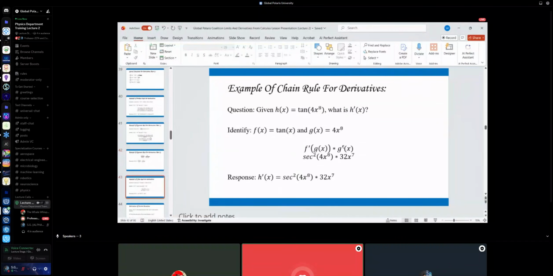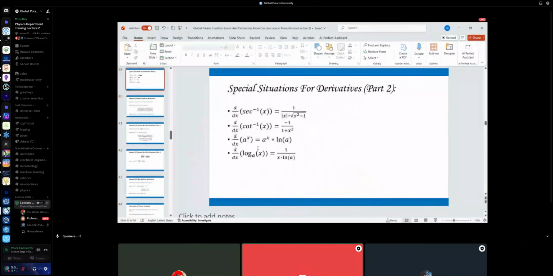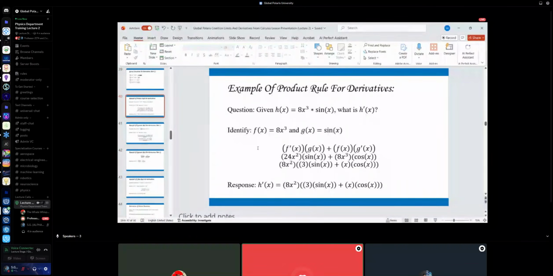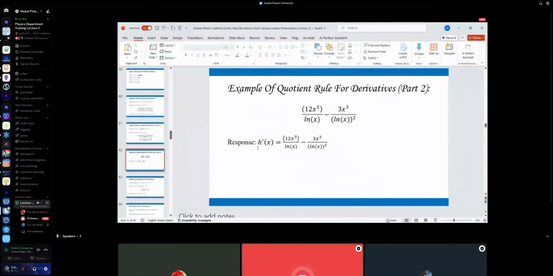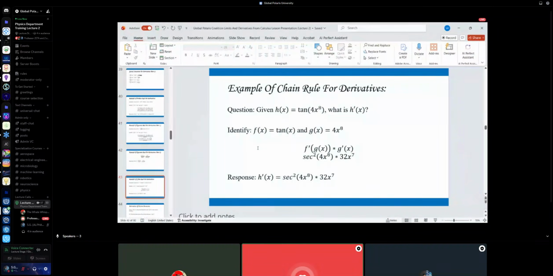Now, chain rule. Tangent of 4x to the power 8, that's h of x. What's h prime of x? So break it down again. Instead of asking what the first and second function are for the product rule, or the top and bottom function for the quotient rule, for the chain rule it's about what is outside and what is inside.